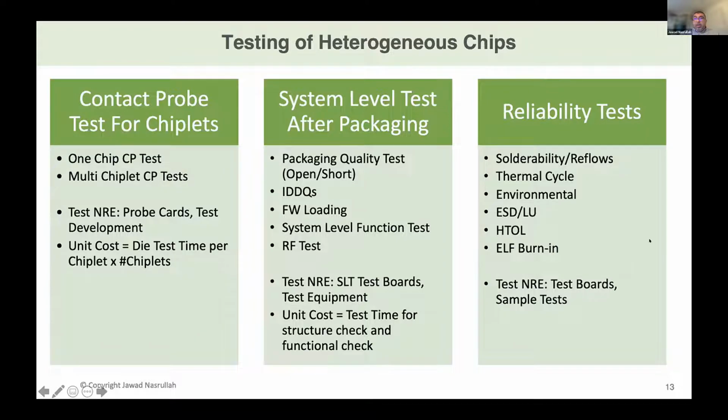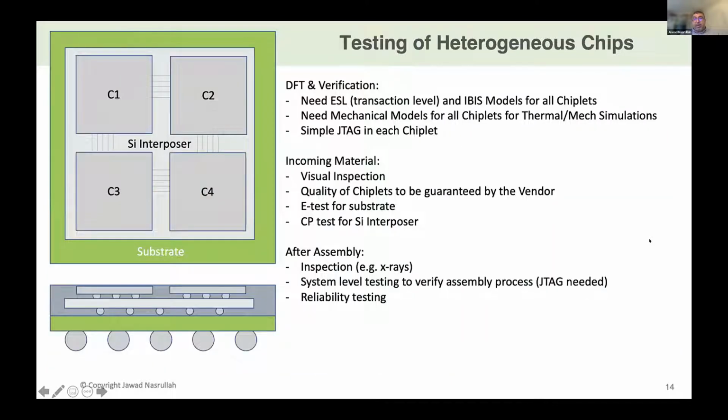So I'll tell you a couple of things. It's just a thought exercise here, doing a high-level calculation of why test is so important from the cost point of view. So very early in the design of these types of assemblies, we as designers typically think about verification and DFT, and we add all kinds of interfaces. JTAG is usually a must, right?